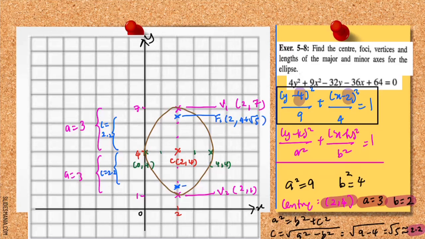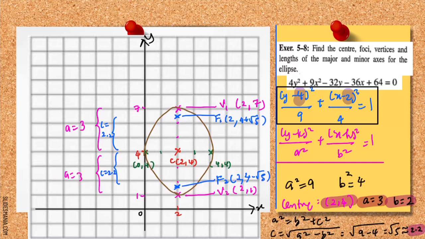Let's see another coordinate here, the coordinate for F2. From 2, your x coordinate doesn't change, but your y coordinate, from 4, you go down as much as distance square root of 5, which is 2.2. So the new coordinate is (2, 4 - √5).